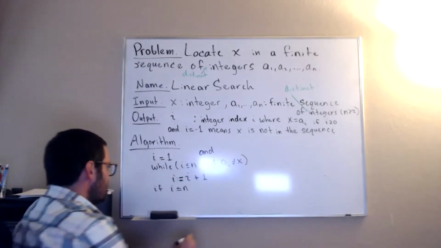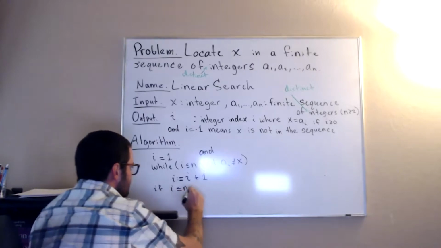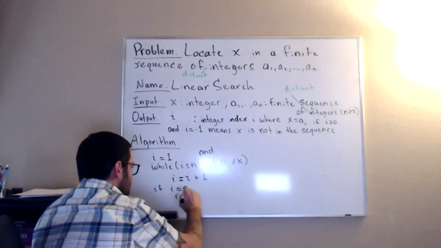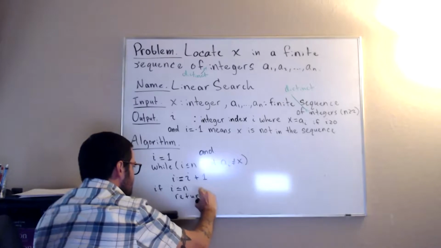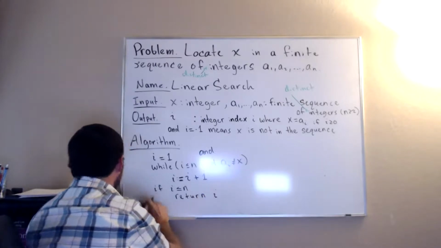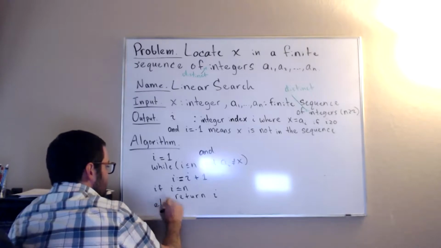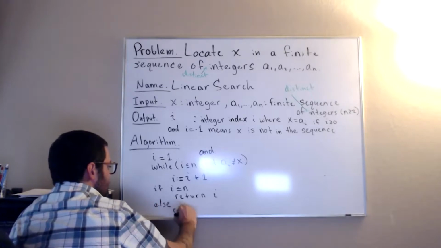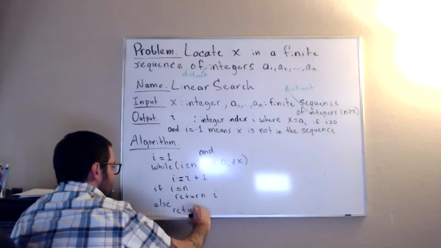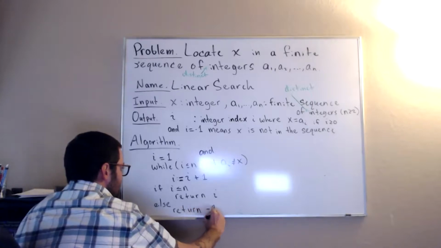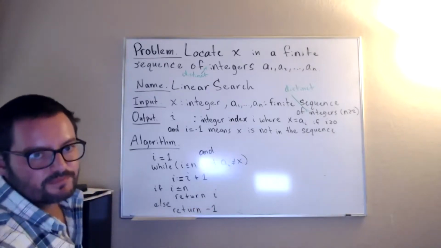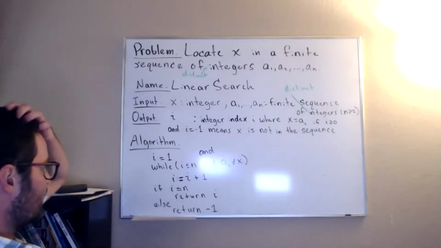So if I is less than or equal to n, return I, else, as an if else statement, return -1. Which means that we didn't find it.